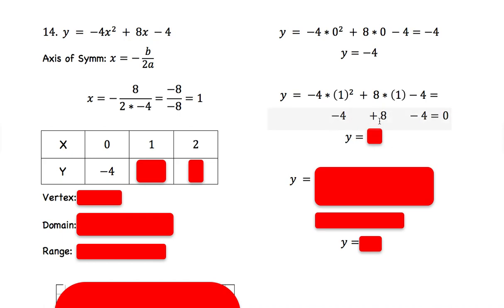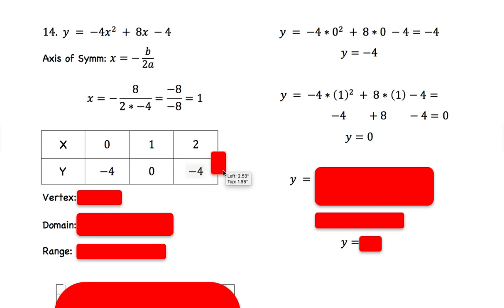So now we have negative 4 plus 8 minus 4, which ends up with 0. So when x is 1, our y is 0. Why do I have a negative 16 there? It should be 0. Sorry.